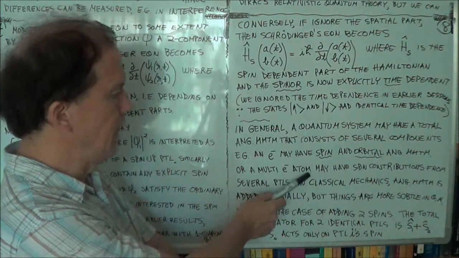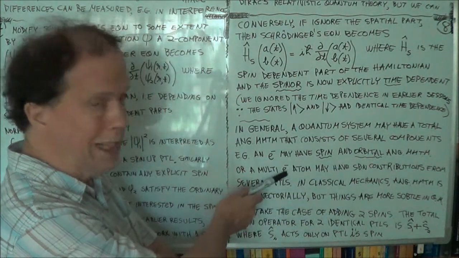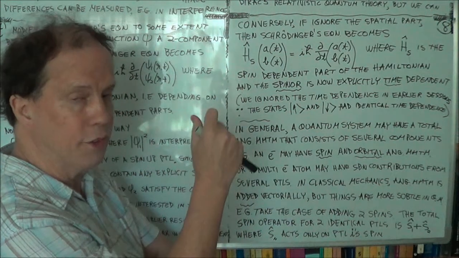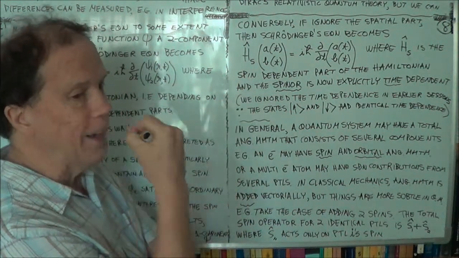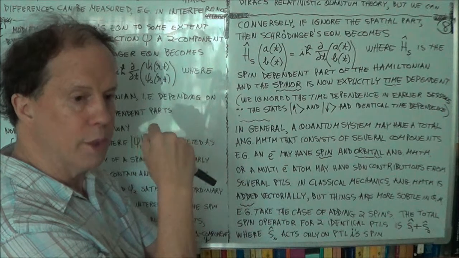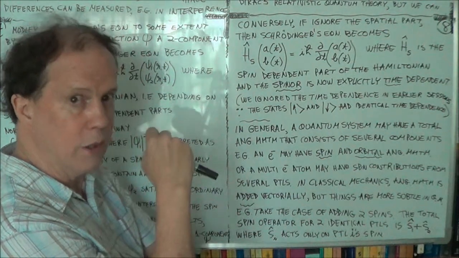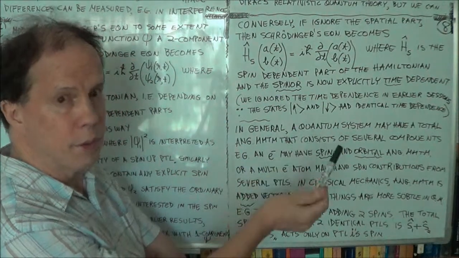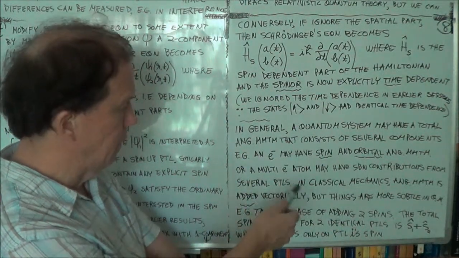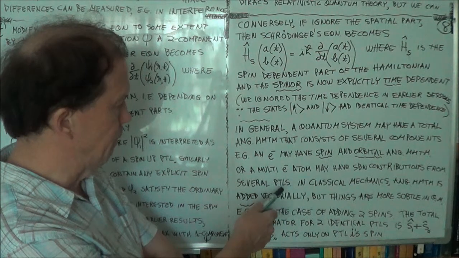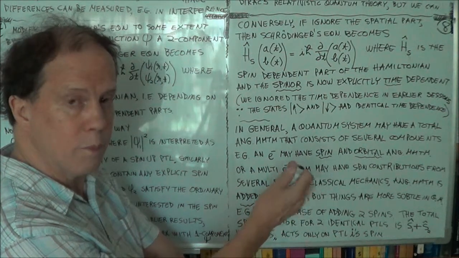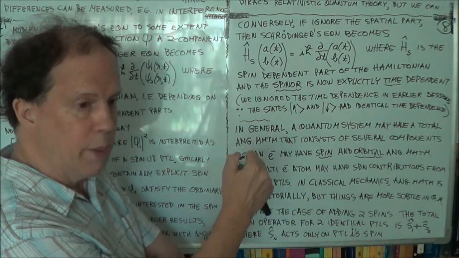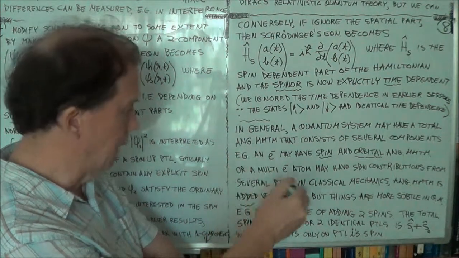Or you might have an atom that has several electrons. Right? It's not the hydrogen atom. It's an atom with more protons than the hydrogen atom nucleus has. And so there'll be several electrons, right? So several spins. So how do you go about handling the quantum mechanics of a multi-particle system with spin, stuff like that, right?